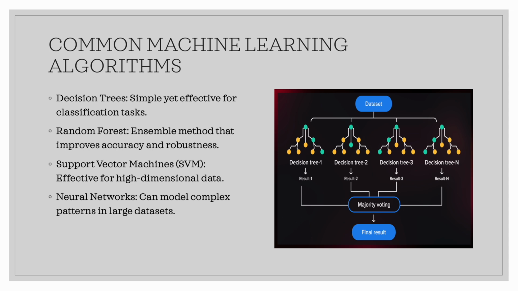Neural networks: an algorithm modeled after the human brain, recognizing patterns and interpreting sensory data. The advantages of neural networks are that they model complex, nonlinear relationships, learn and generalize from large amounts of data, and are suitable for supervised and unsupervised tasks.